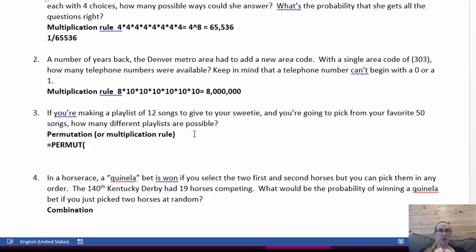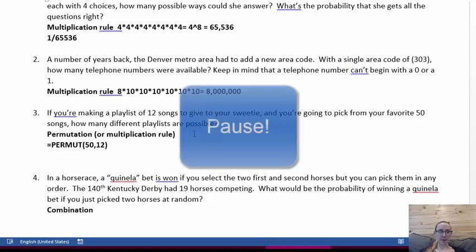So number 3, for example, the pool of possibilities would be 50. There are 50 songs that you're picking from here, and we're selecting 12 of them for this playlist, so our r value would be 12. So go ahead and go through for the permutation and combination ones and fill out what those options would be.